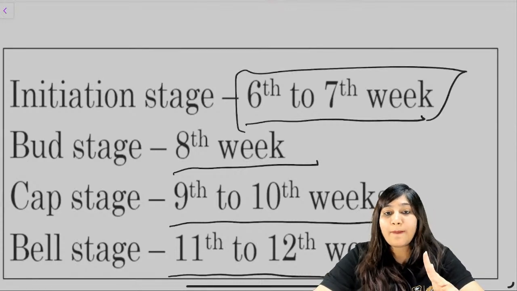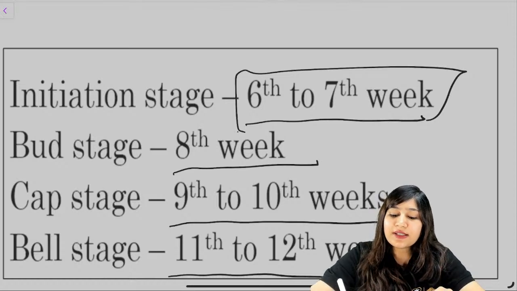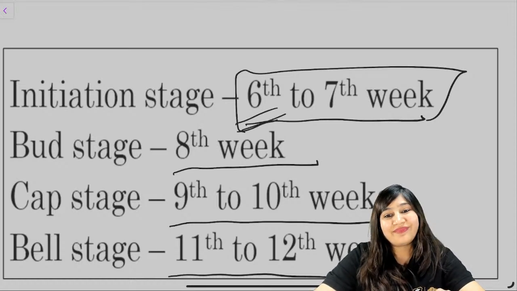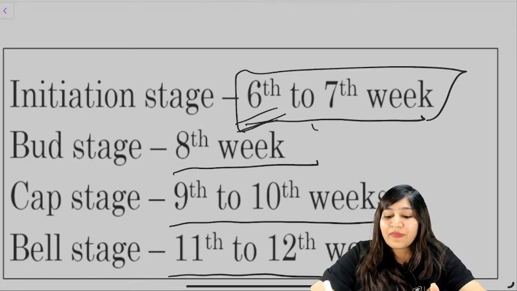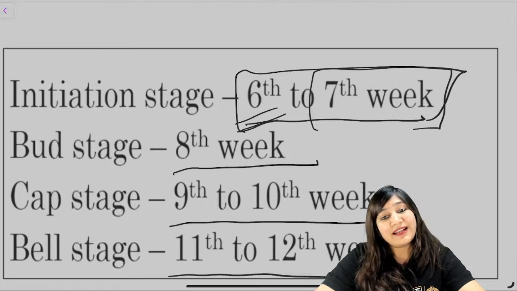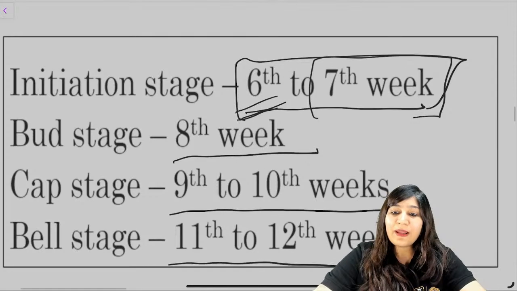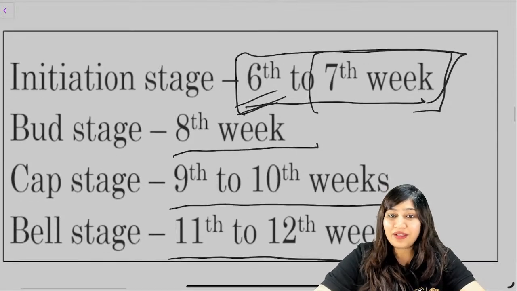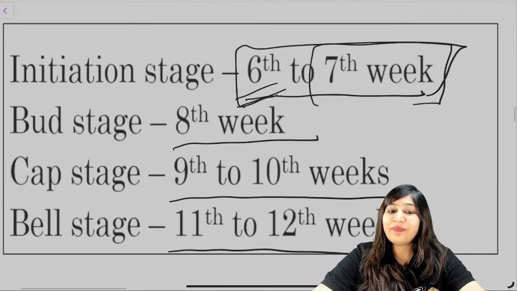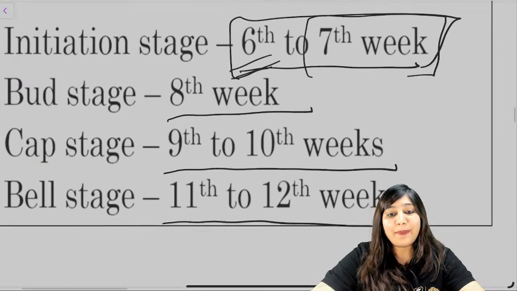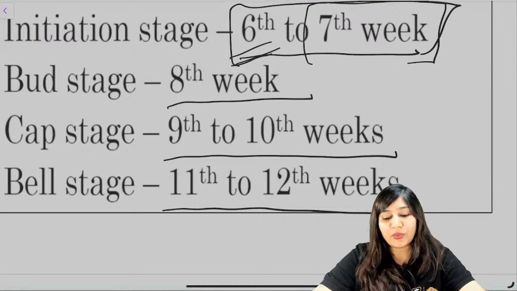When does the initiation stage start? 6th week, where our primary epithelial band was formed. Later it divided at 7th week into dental lamina and vestibular lamina. Bud stage 8th week, cap stage 9th to 10th week and bell stage 11th to 12th week.